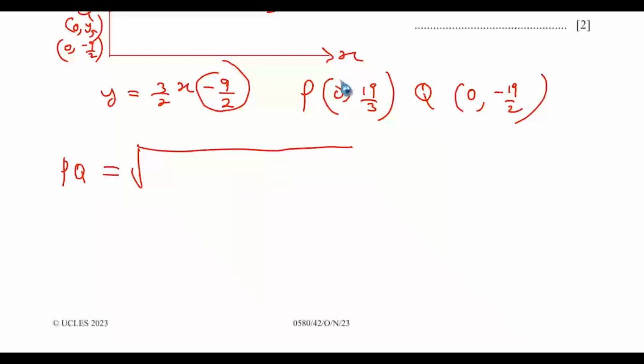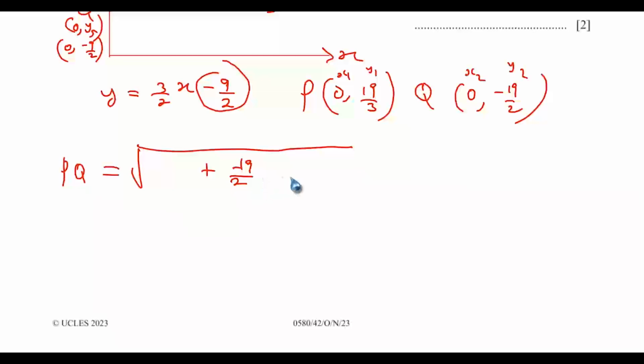So if you take this to be x1, y1, then x2, y2, so x2 minus x1 will be 0 squared, that will be 0. So plus y2 minus y1.